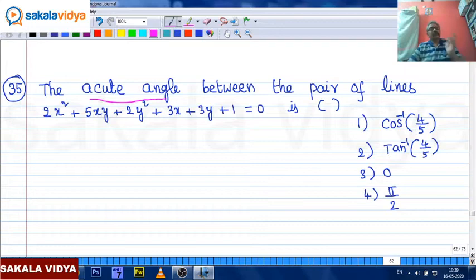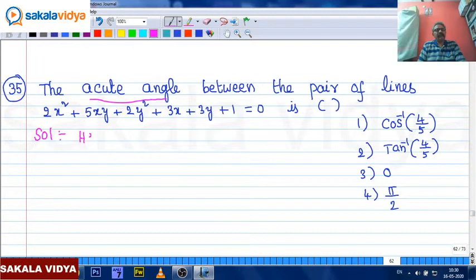That means whatever the angle between 2x square plus 5xy plus 2y square is equal to 0 is the same as the angle between the given pair of lines. So here we need to find out the angle between 2x square plus 5xy plus 2y square is equal to 0 only.